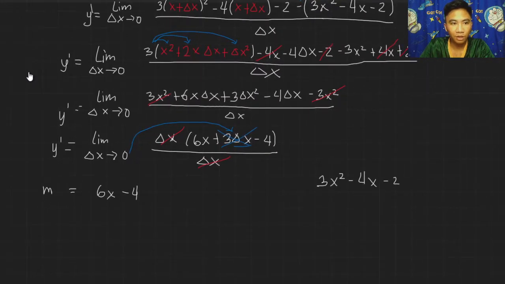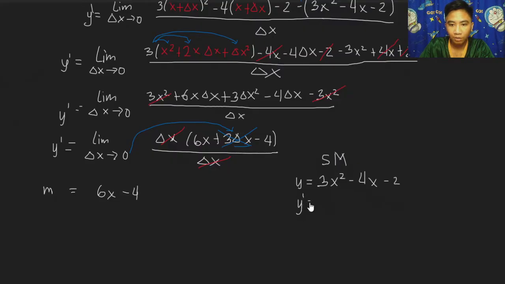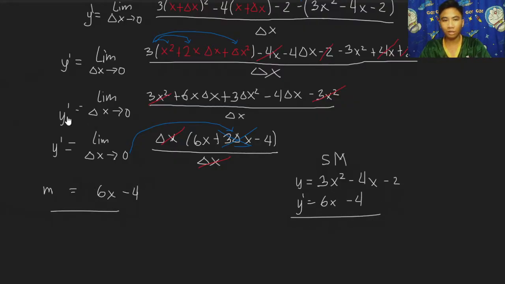So, simply, sa shortcut method, y prime is equal to 2 times 3 is 6x minus the derivative of x is 1, so negative 4. And the derivative of negative 2 is 0. So, this is our answer. So, our answer is correct.